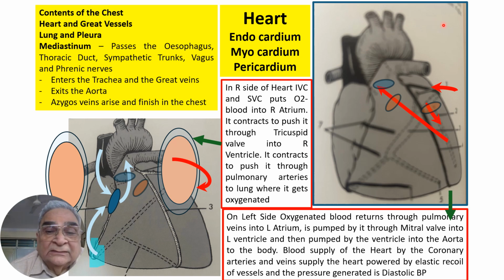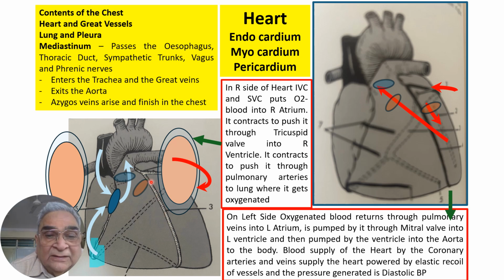So this heart basically consists of an endocardium, myocardium, and pericardium. Then what else you see here are these veins and arteries which are supplying the muscle of the heart. These are the arteries and these are the veins.